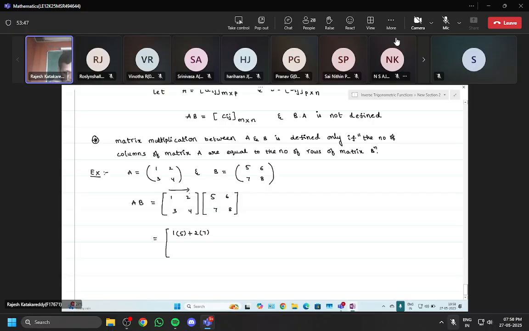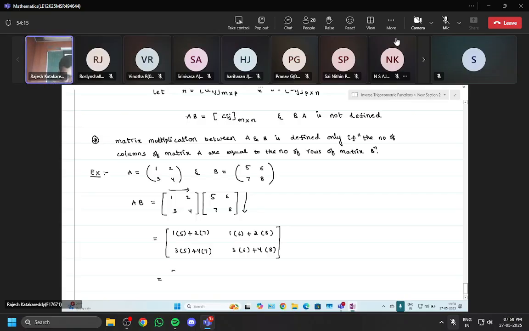Row 1 with column 2: 1 into 6 plus 2 into 8. Row 2 and column 1: 3 into 5 plus 4 into 7. Row 2 and column 2: 3 into 6 plus 4 into 8.